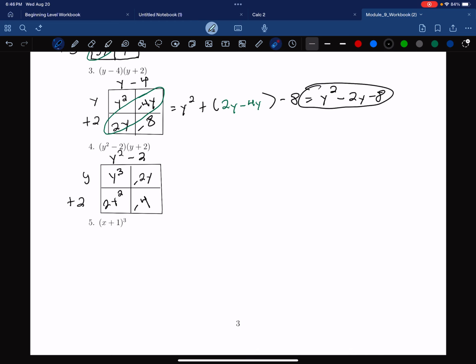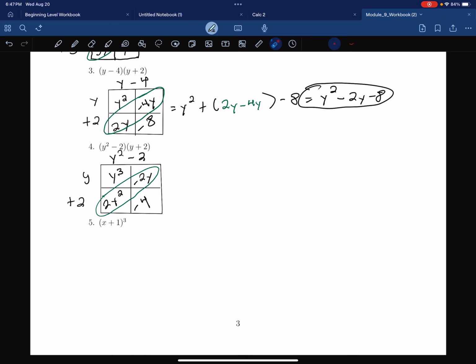Now remember, when I said that this y squared is going to change our answer, that's because here, notice that 2y squared and negative 2y, they're not like terms, because we have a y squared versus just y to the first.